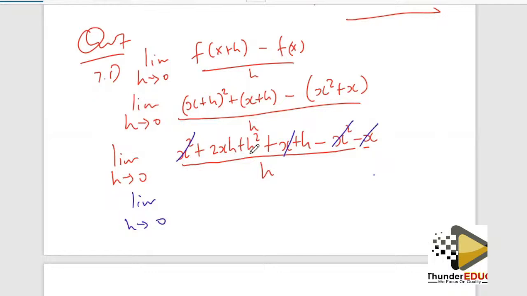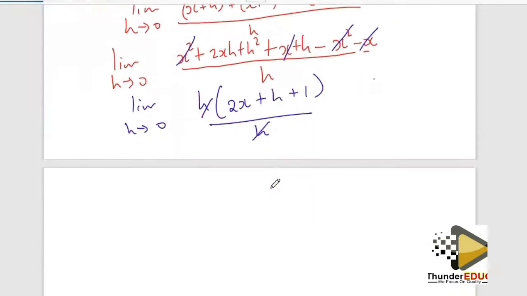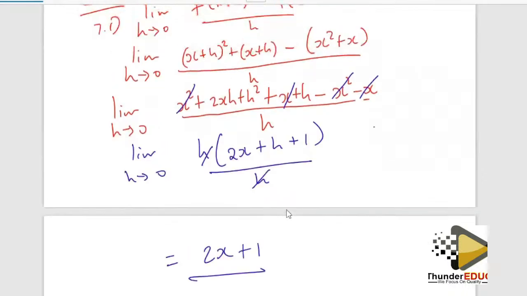Then I can see 2xh and h squared and this h, so I can factorize out h. That's going to be h times (2x plus h plus 1), over h. I can cancel that out, and as h tends to 0, I replace h with 0, which means my answer is just going to be 2x plus 1. So guys, that's what needs to be done for you to get all the 5 marks.